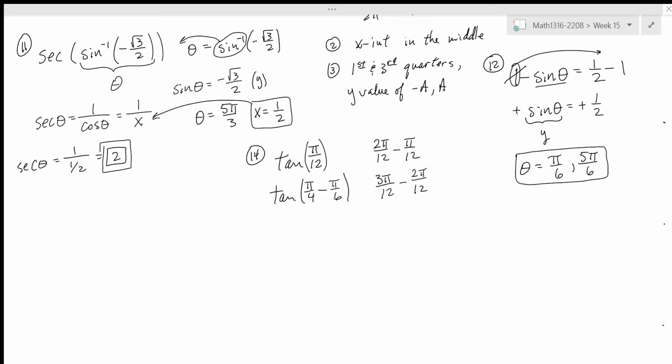Now you're going to have to look up the formula for tangent of alpha minus beta. You're going to have that formula, tangent alpha minus beta. And as soon as somebody's got that, I'd like to know it.